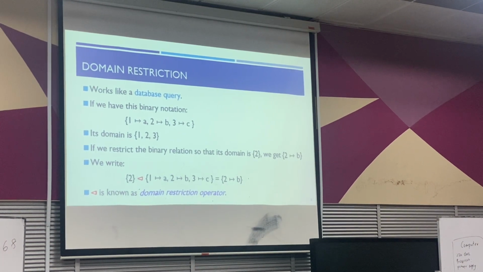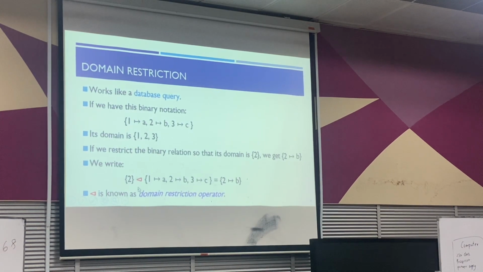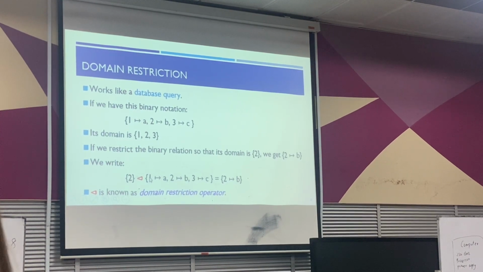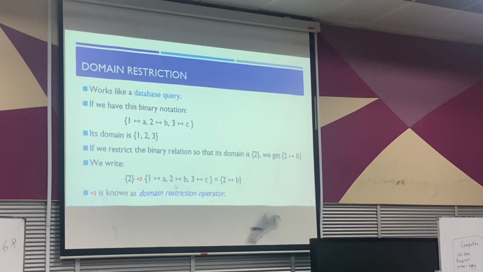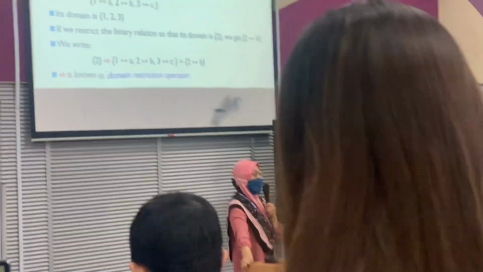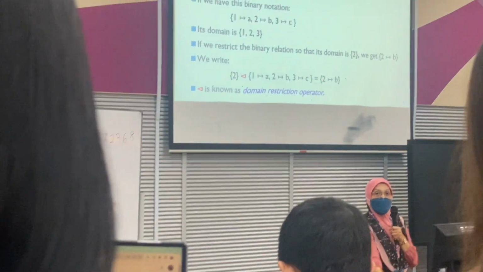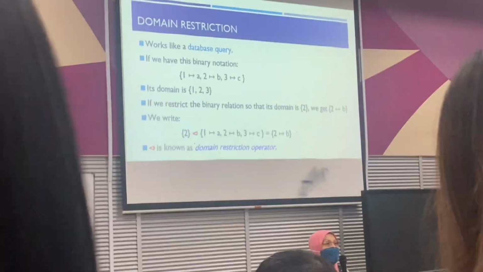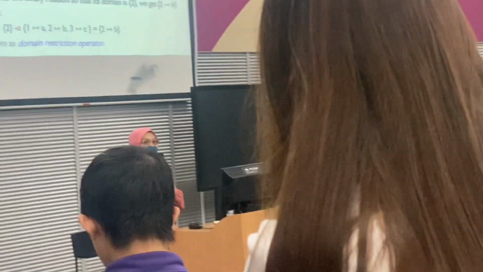So if you are searching from the domain, then it must be ID. If the ID is inside the whole data, it produces the result as this one, both domain and range. This is domain restriction.